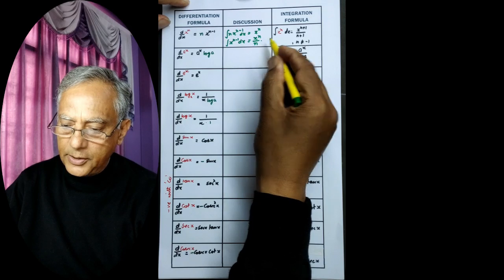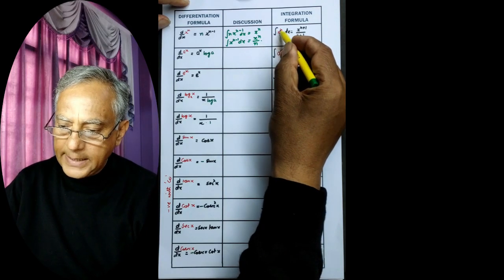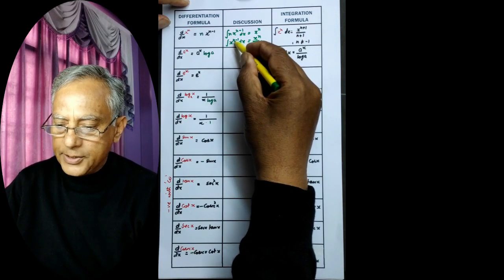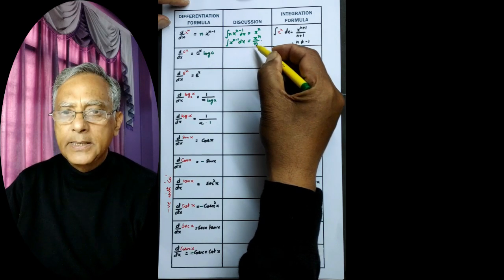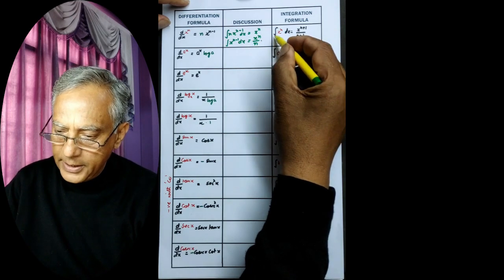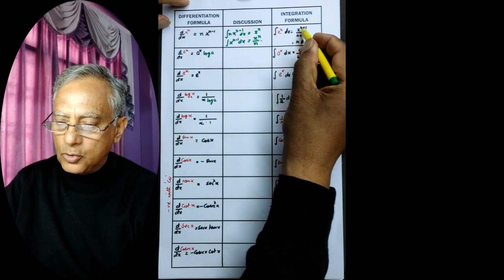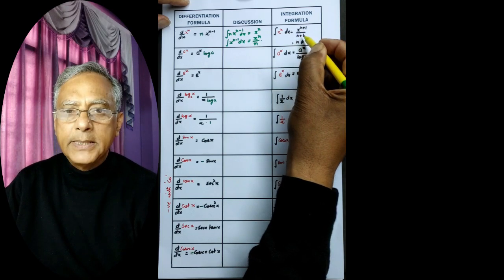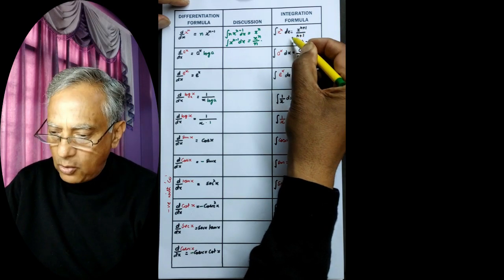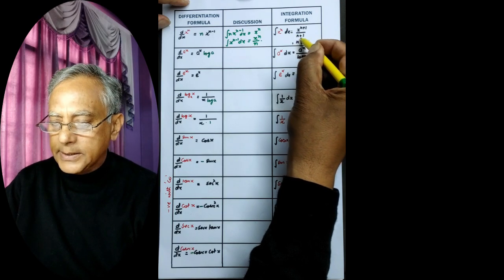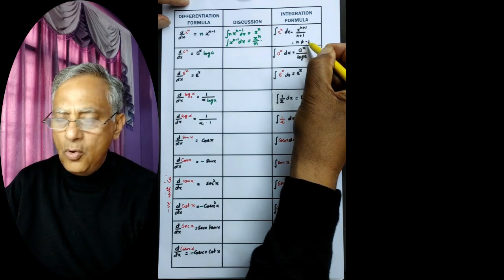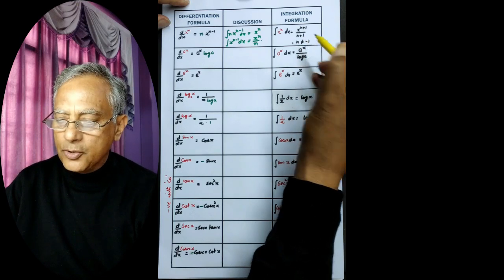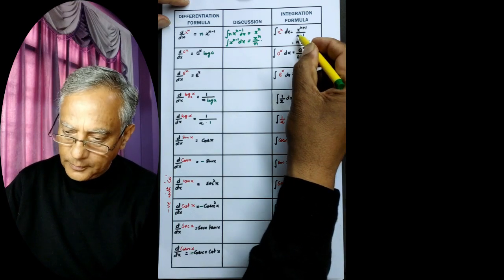This gives us the formula for integration of x^n. If we have n instead of n minus 1, the formula will be x^(n+1) over n+1. So integration of x^n dx will be x to the power of n plus 1 over n plus 1. But this formula is not valid when the denominator is 0, that is, when n is equal to minus 1. Division by 0 is not possible.